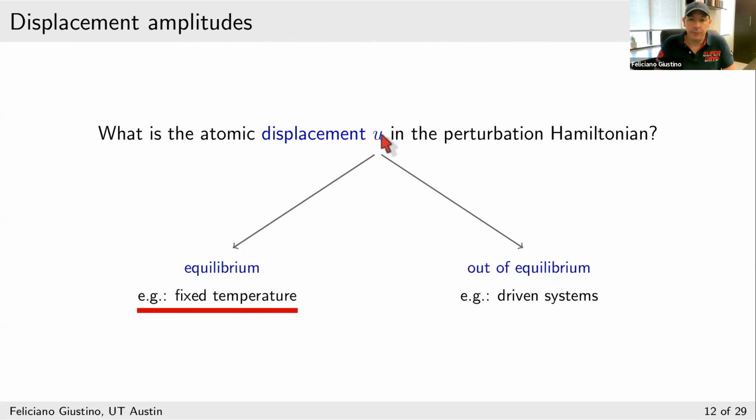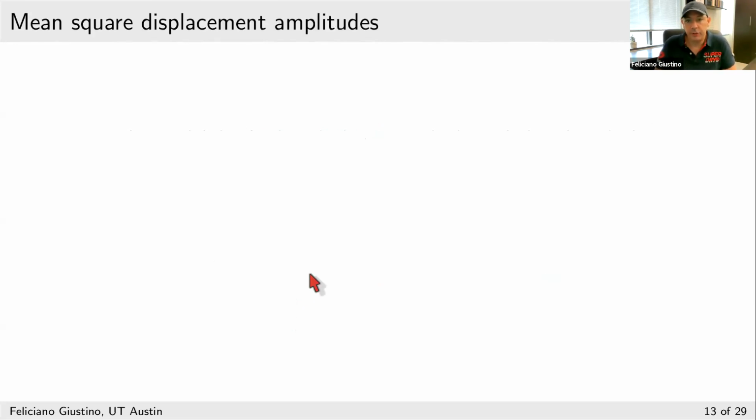So how do we describe the displacement at equilibrium? The answer is actually quite simple if you are looking for harmonic systems. So harmonic approximation means that we truncate the expansion of the potential energy surface of the atoms to second order.